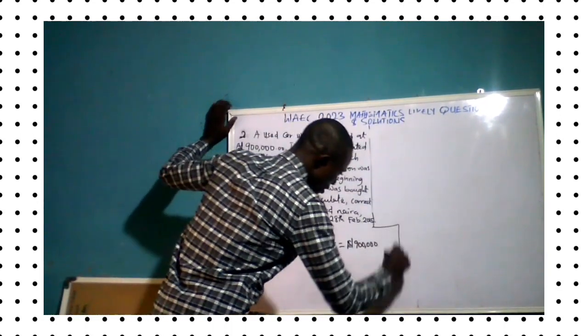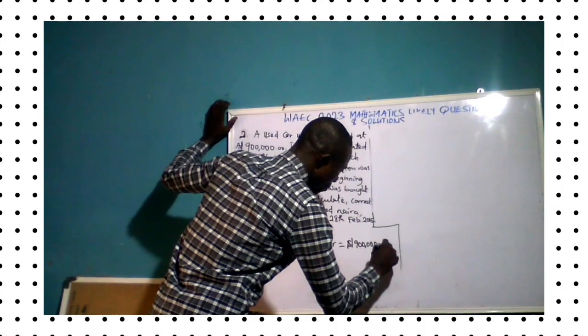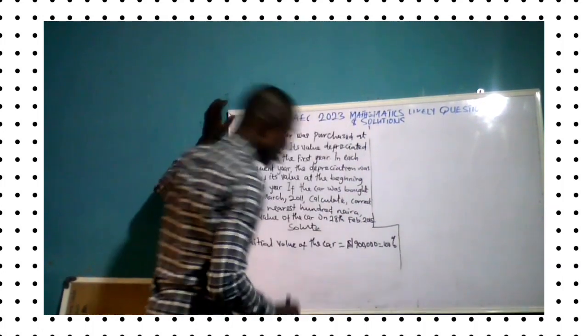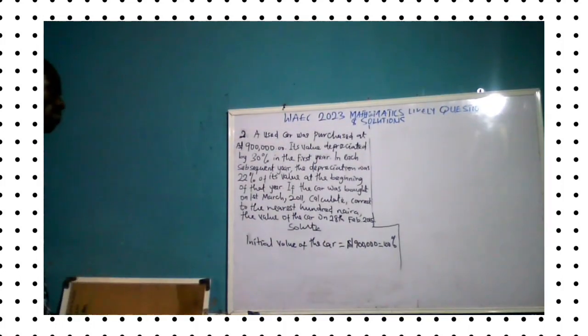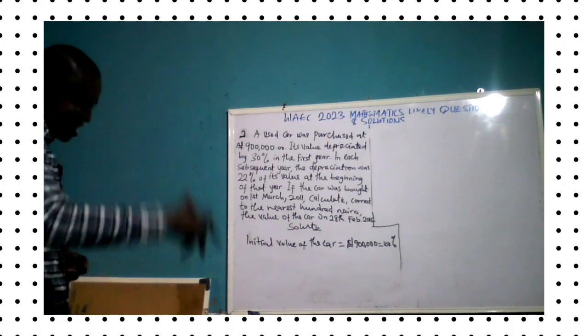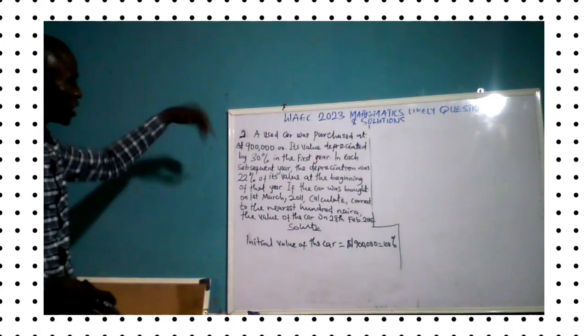Of course, this is equal to 100% of its value. Now, its value depreciated by 30% in the first year. And what's the first year? 2011. At the completion of that year, the value has depreciated by 30%.